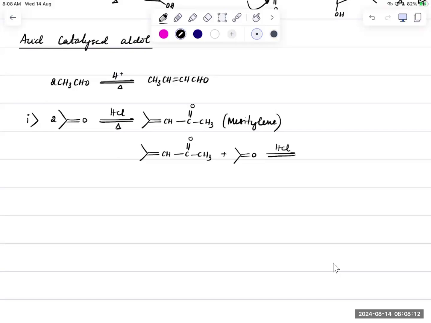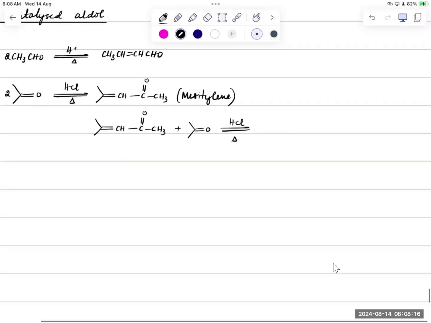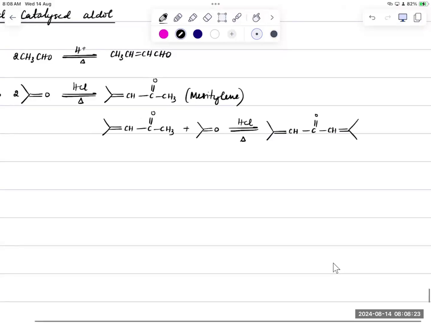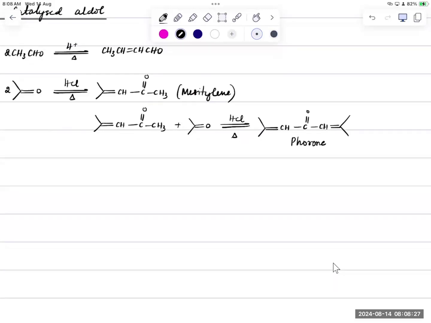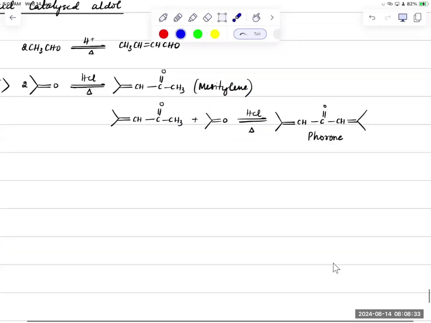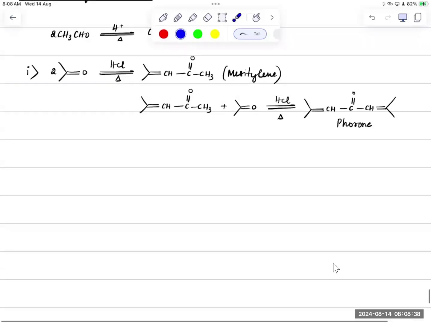If I write again here, we will get double bond CH, C double bond, and this side also we will get the keto attached. Now this one is called phorone. Please remember the names. These are directly name-based questions asked. Phorone and mesityl oxide. So if 2 moles are given, you will stop at mesityl oxide. If 3 moles are given, you will stop at phorone.